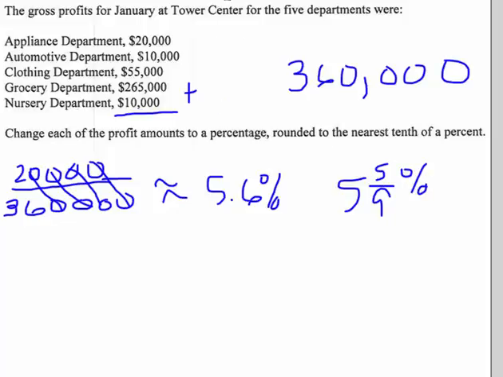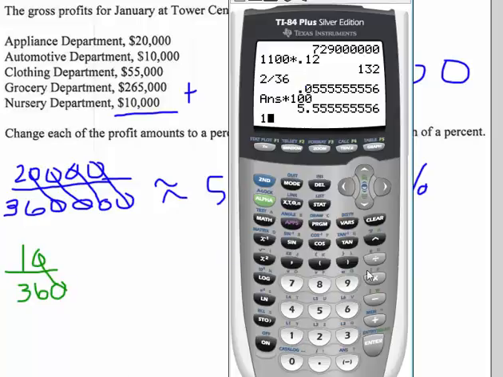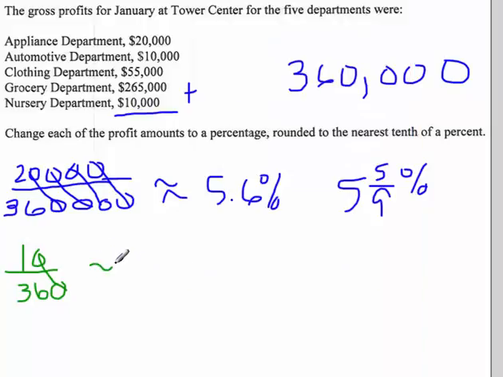Alright, then let's do the automotive department. And when we do the automotive department, we're also doing the nursery. So that's 10 over 360. Because those 3 zeros in the back, we just sort of cancel those out. And that would be 1 over 36. So 1 divided by 36 times 100 gives us a percentage of approximately 2.8.